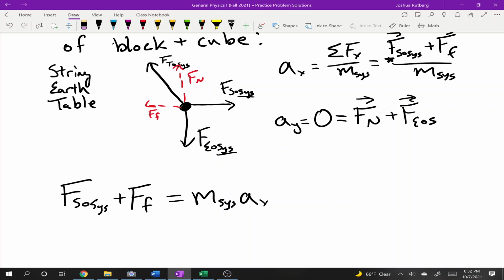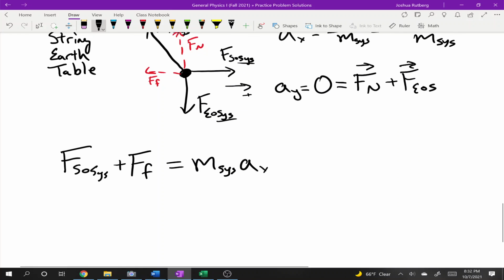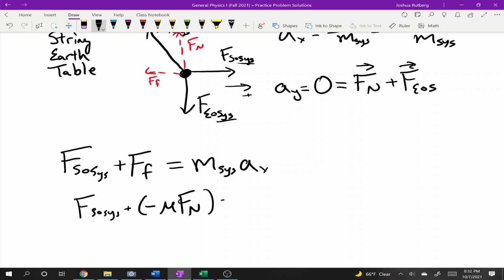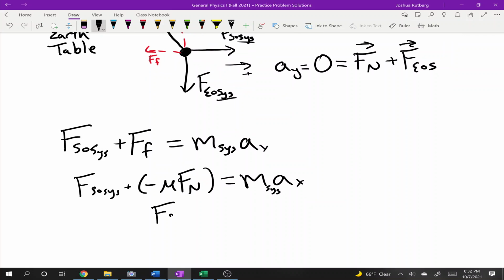Keeping in mind that the friction here, now I'm going to define this way as positive, is negative mu times the normal force, or the normal component. So the force the string exerts is equal to the mass of the system times the acceleration plus mu times the normal component.